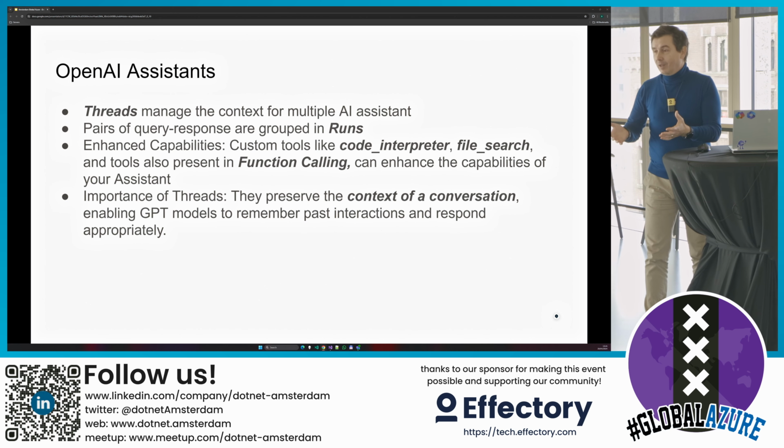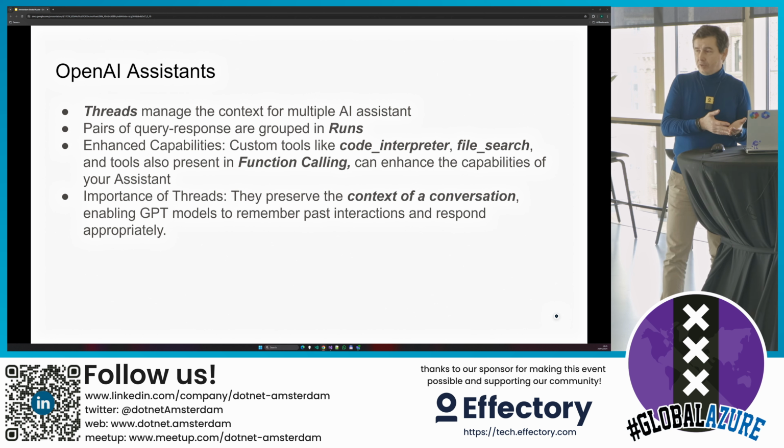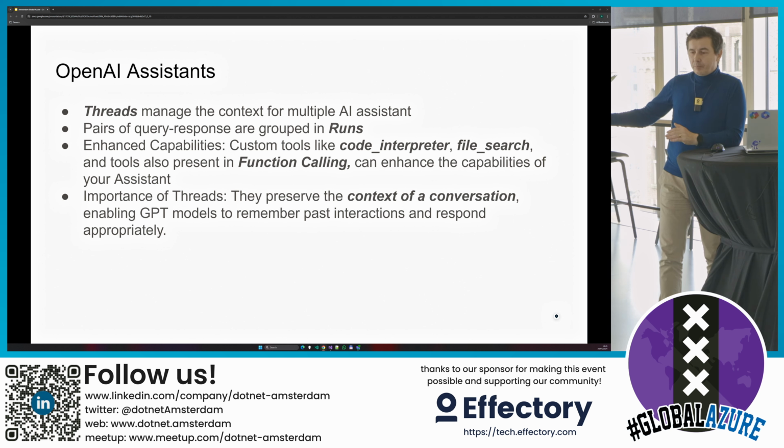Even Semantic Kernel used to have some planners which were built on client-side logic. But they were not needed anymore because OpenAI introduced assistants. And then these assistants are capable of doing the same thing, more or less, but in the model.